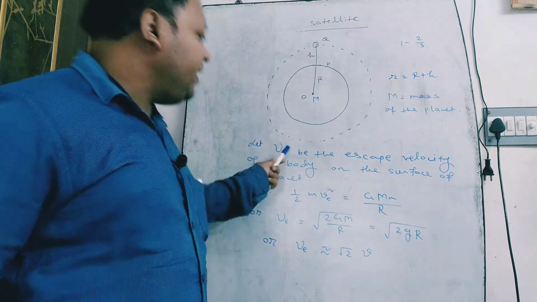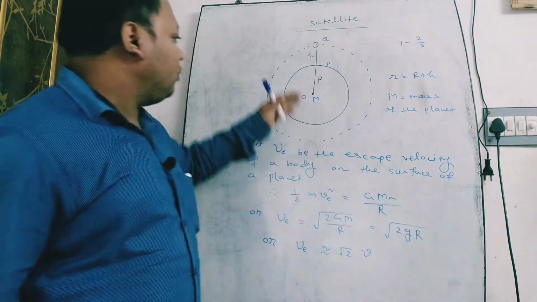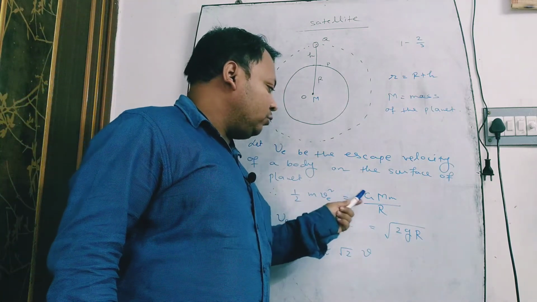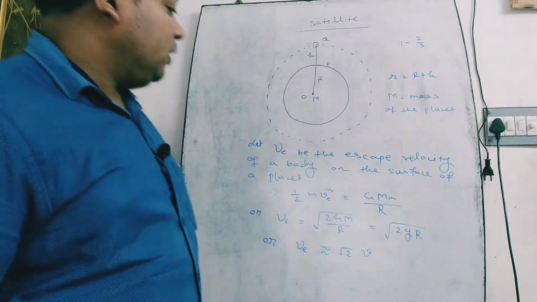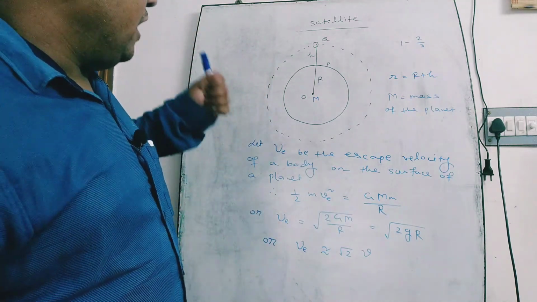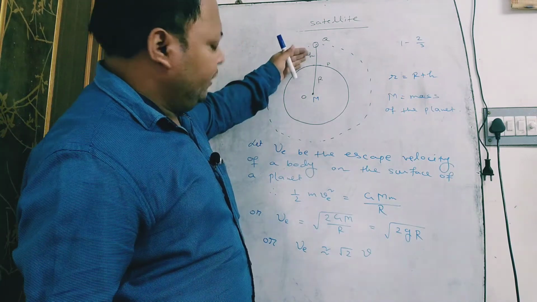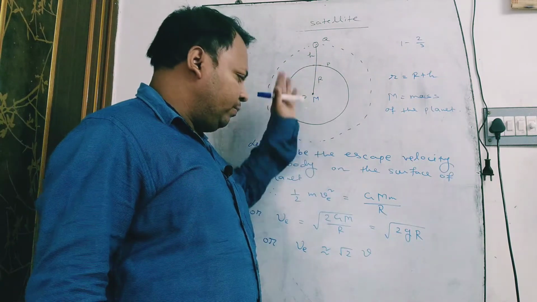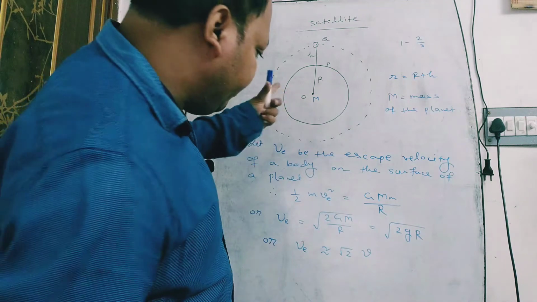Now let VE be the escape velocity of a body on the surface of the planet. Therefore, half m v square is equal to capital G capital M small m by capital R. That is the potential energy of the body on the surface of the planet. Here we ignore the negative sign.